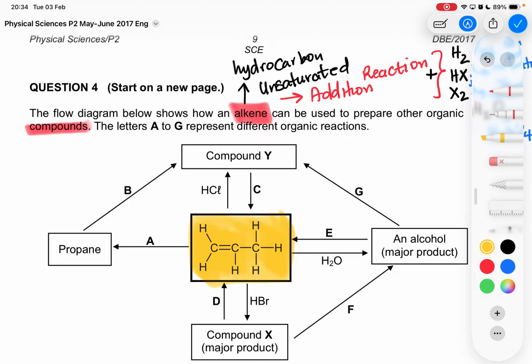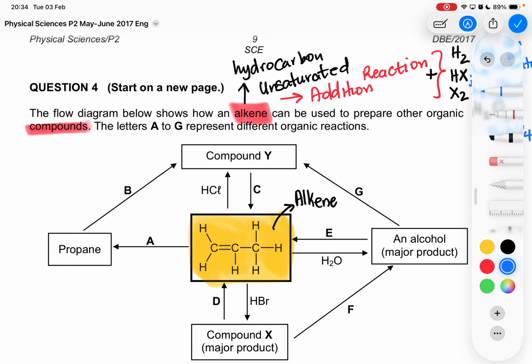It's an alkene, and I just mentioned that an alkene undergoes addition reaction.